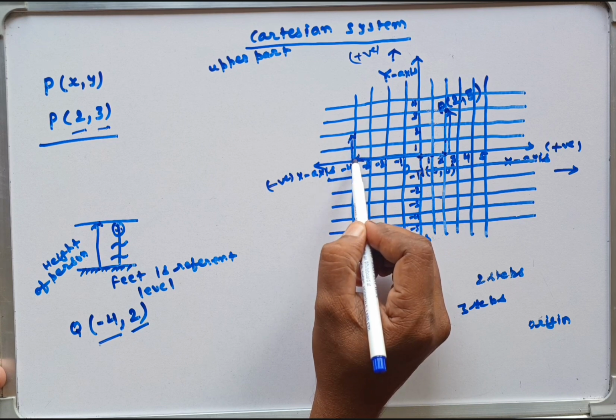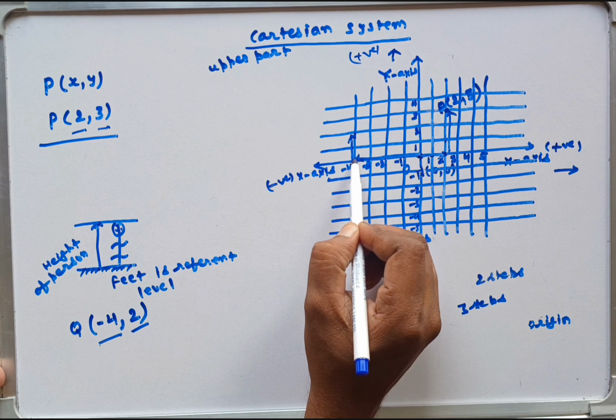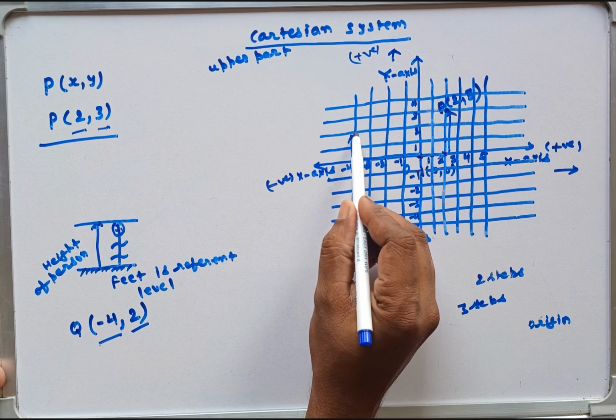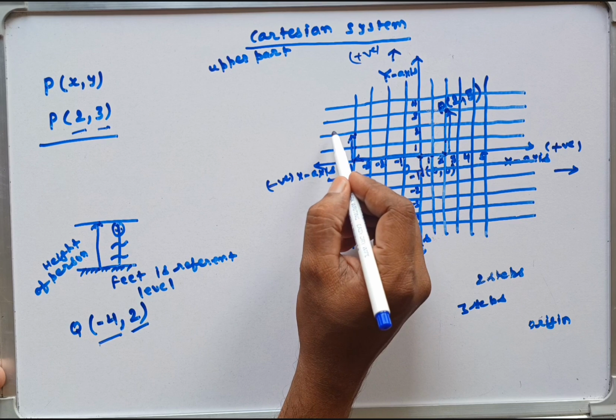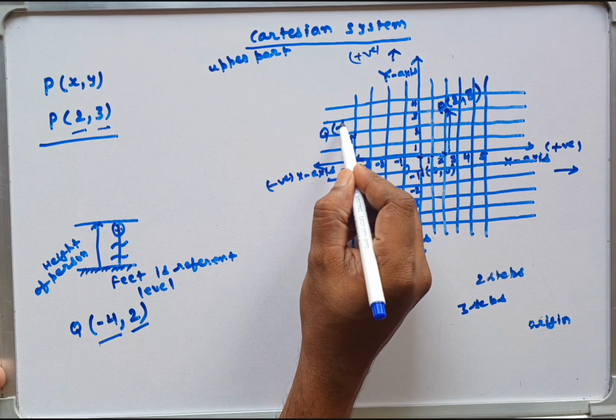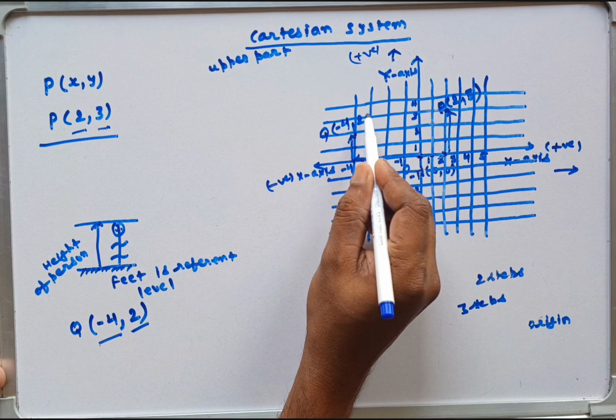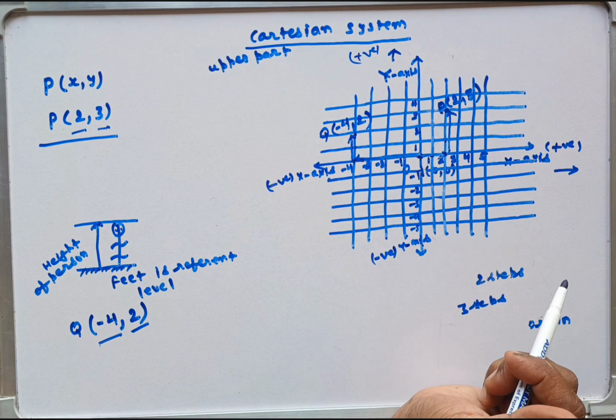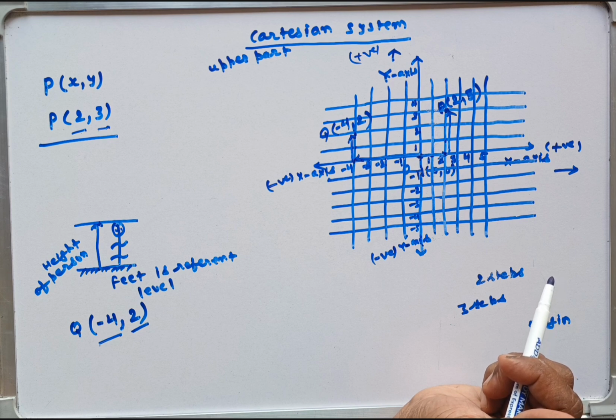See, this one is 0, then 1, 2. So this point Q has the coordinate (-4, 2). So guys, this way we represent points on a graph paper in the Cartesian system.